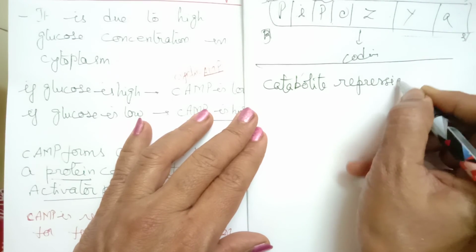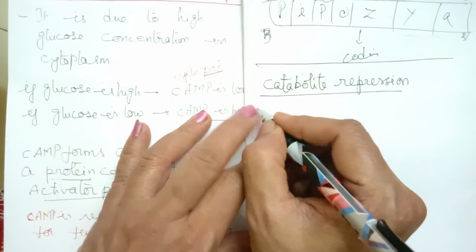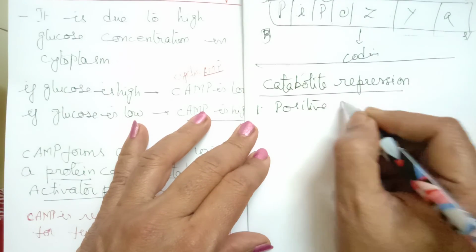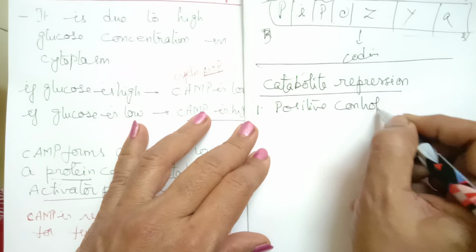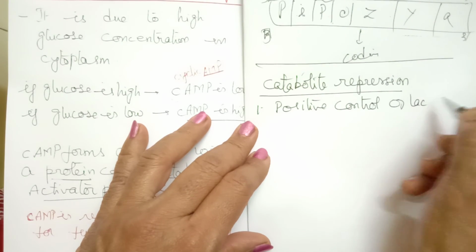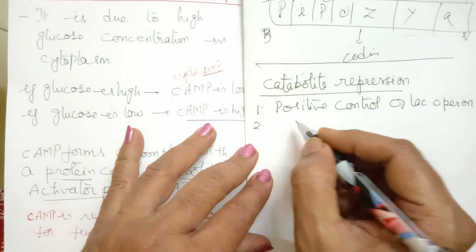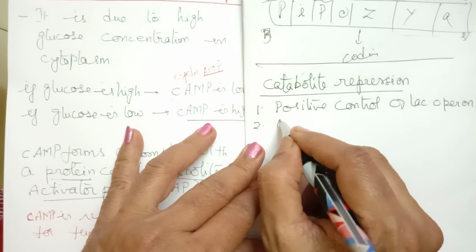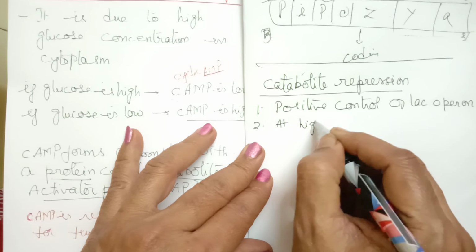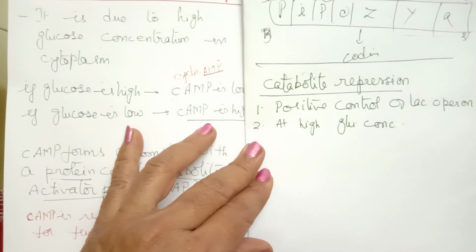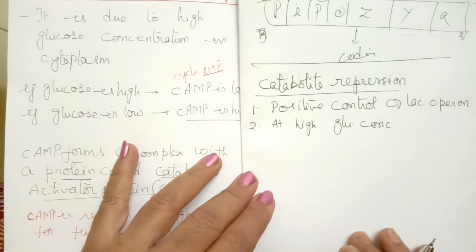First point, it is a positive control of Lac Operon. Next point, it is seen at high glucose concentration.